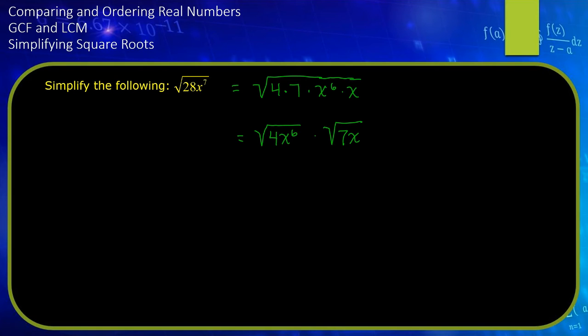The square root of 4x to the 6th technically would become 2. The square root of 4 is 2. The square root of x to the 6th is technically the absolute value of x cubed because when I do these square roots, we're assuming it's the principal square root, and the principal square root always returns a positive answer. x, however, could possibly be negative, because we don't know what x is.